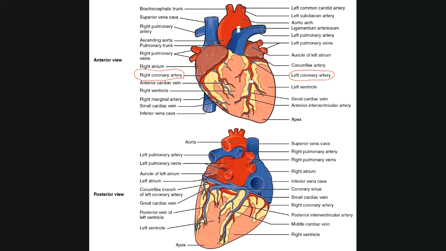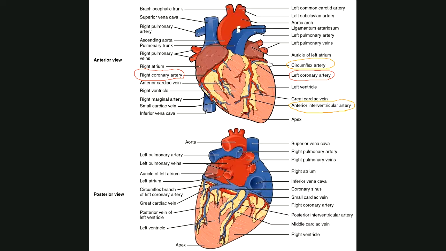This coronary artery is called anterior interventricular artery, as you see it here. So the anterior interventricular artery is located in the anterior interventricular sulcus. And after that, the other artery, which we call circumflex artery, starts to turn around our heart and go to the back of the heart.